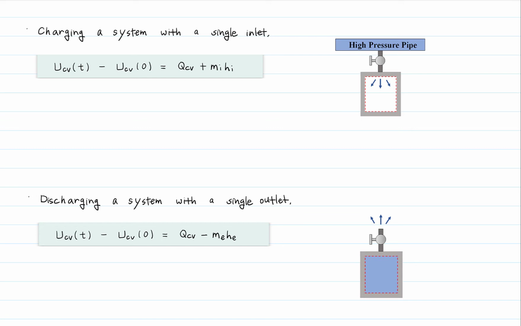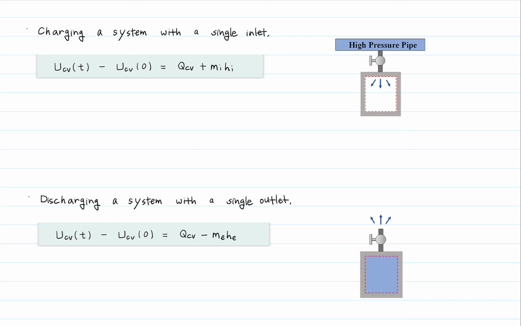So the fluid is going into the control volume and the mass increases with time. And the pressure and temperature of the tank are continuously changing as the fluid is charging the tank.